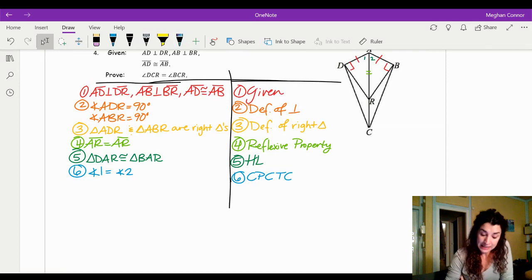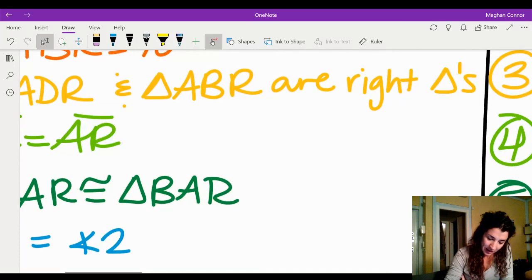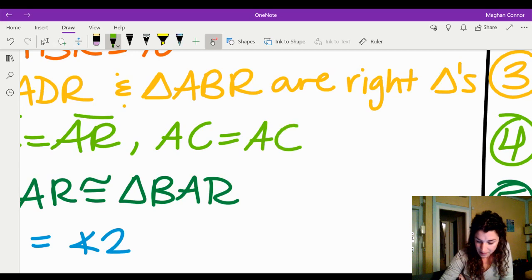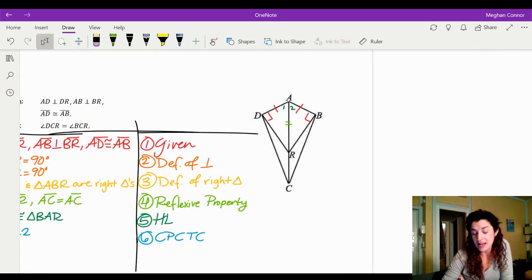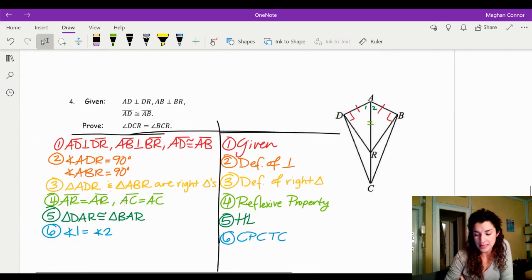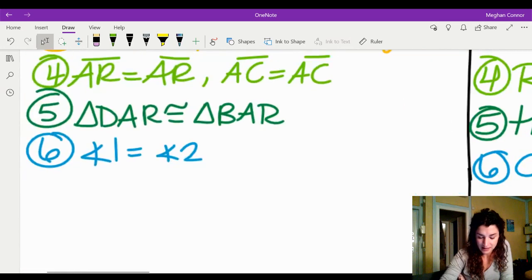I need to say that AC equals AC. I'm going to be sneaky here and throw it in earlier in my proof. So now I have side angle side between DAC and BAC.